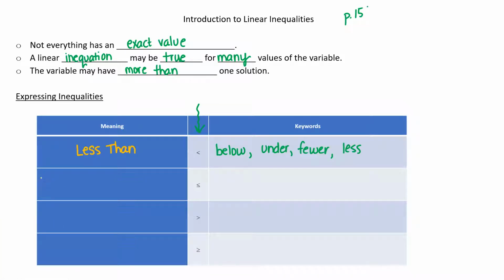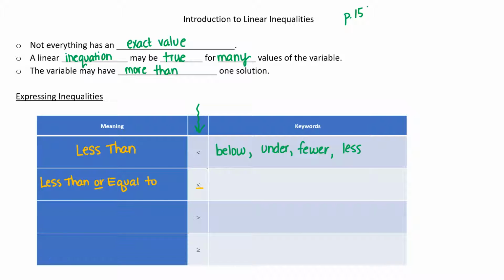The next one is less than or equal to. We can tell this because of the equal sign underneath the inequality.